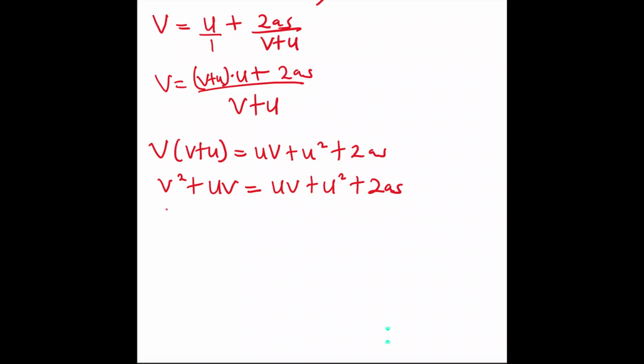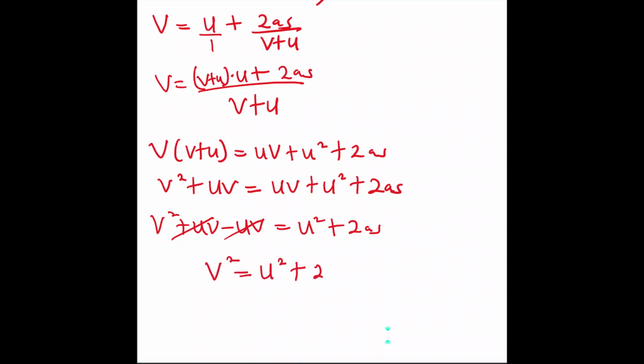Now we can bring the UV to the other side. So that will be V squared plus UV minus UV equals U squared plus 2AS. The UVs cancel each other, giving 0. So that's V squared equals U squared plus 2AS. This is the last and the fourth kinematic equation.